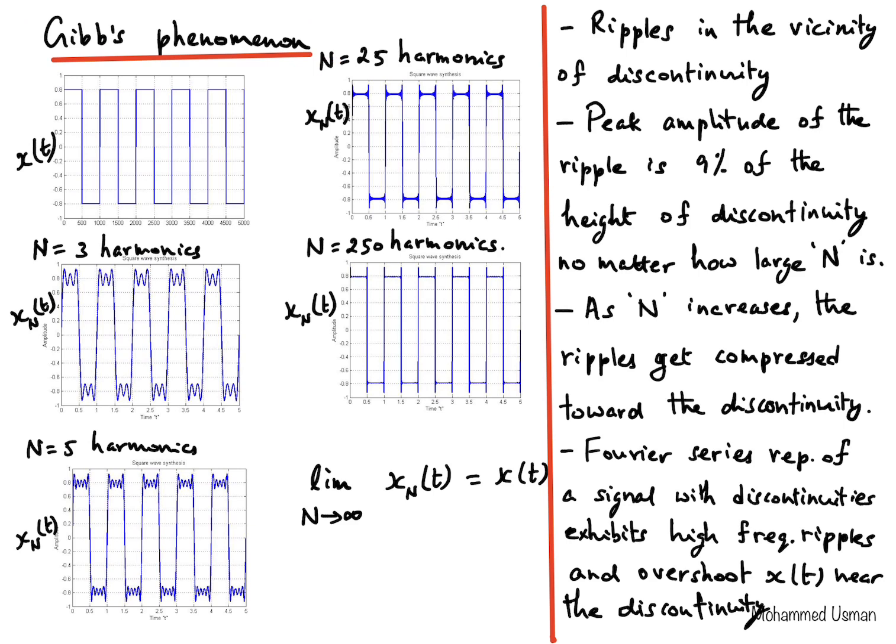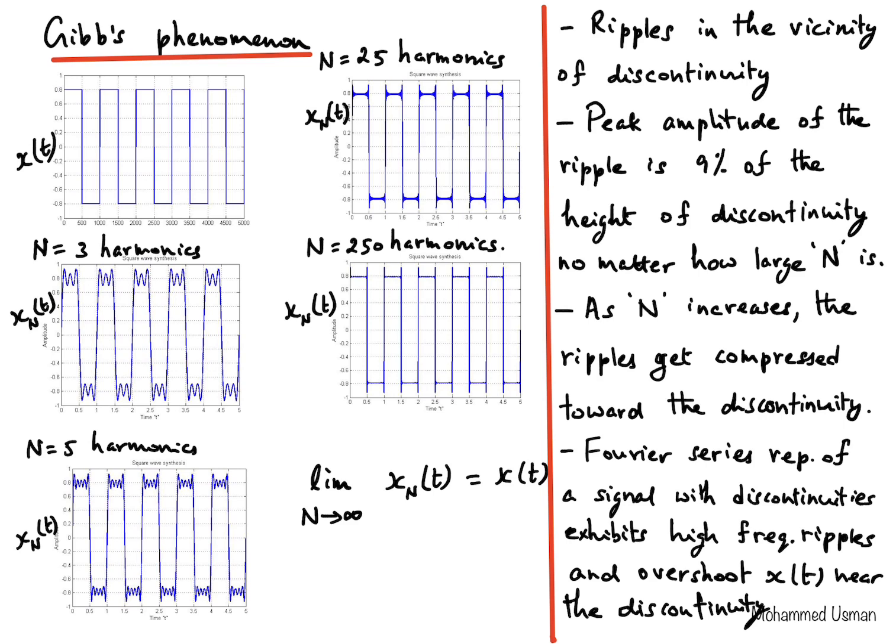First of all, the Gibbs phenomenon states that when we are trying to represent a discontinuous signal in terms of the Fourier series, we will see ripples in the neighborhood of the discontinuity. The second observation is that the peak amplitude of the ripple will be fixed to 9% of the total height of the discontinuity, irrespective of the value of n.